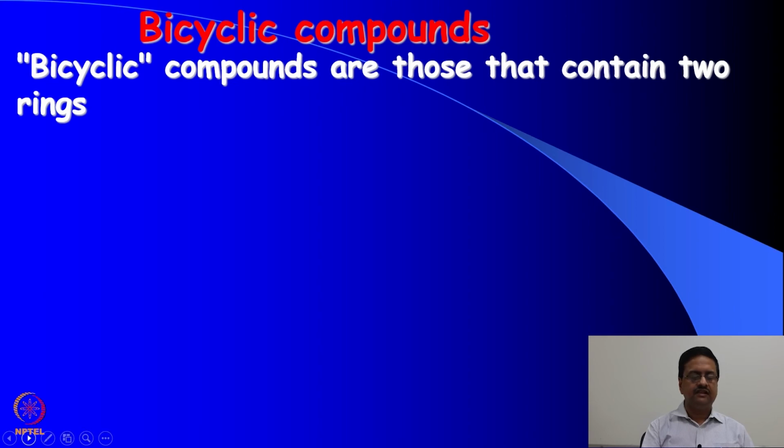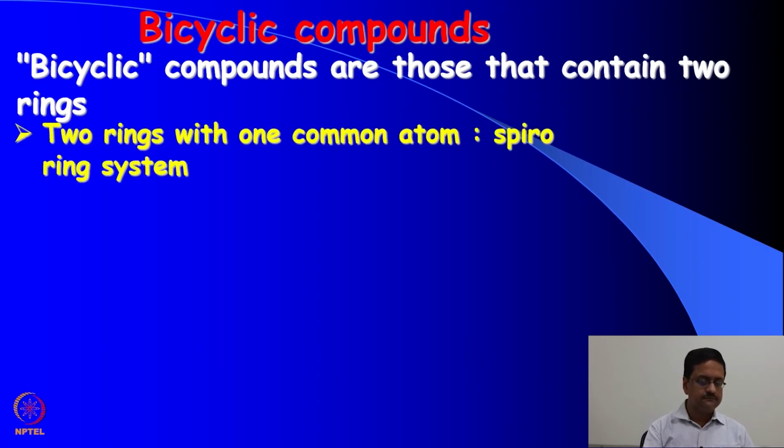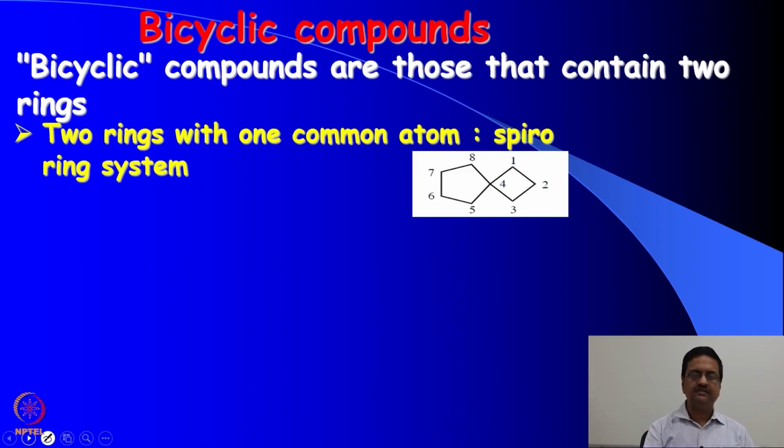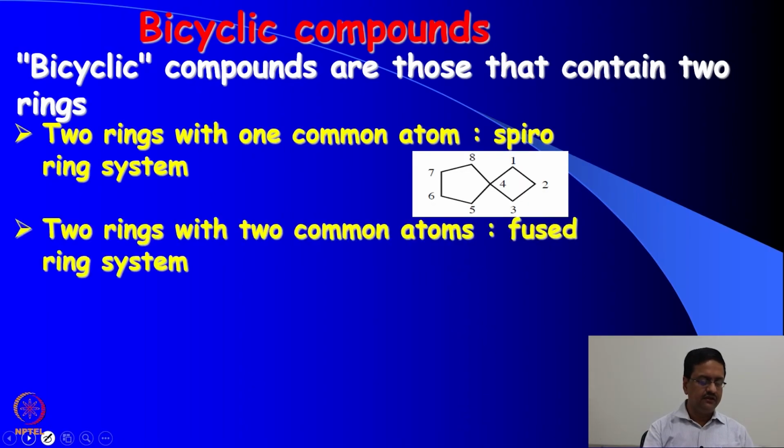Bicyclic compounds are those that contain 2 rings. There are different types of bicyclic compounds: 2 rings with 1 common atom, the spiro systems, which is an example here; 2 rings with 2 common atoms, and those 2 common atoms are connected together, called the fused ring systems.